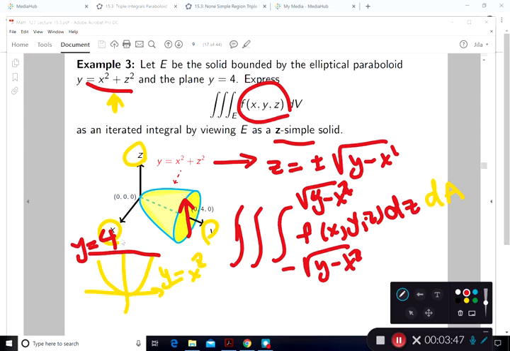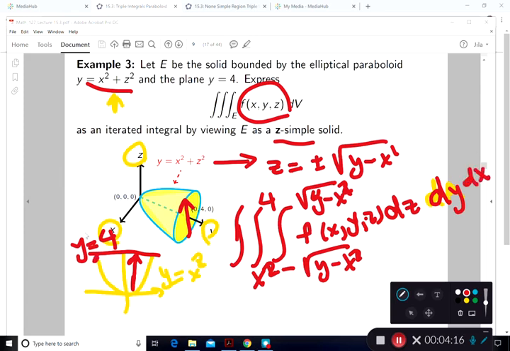Out of the two outer ones, I choose the y direction to be the inner one of the outer two. So y is between x squared, the lower bound, and 4, the upper bound. And so I will have dy and then dx.